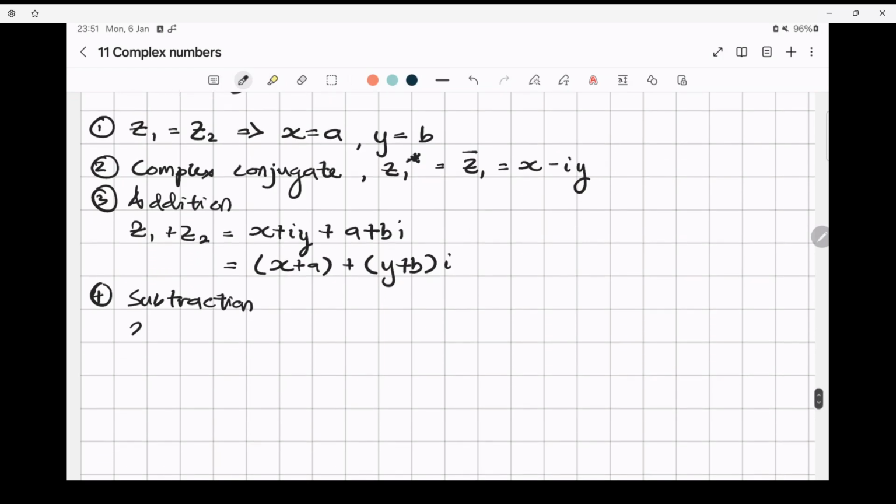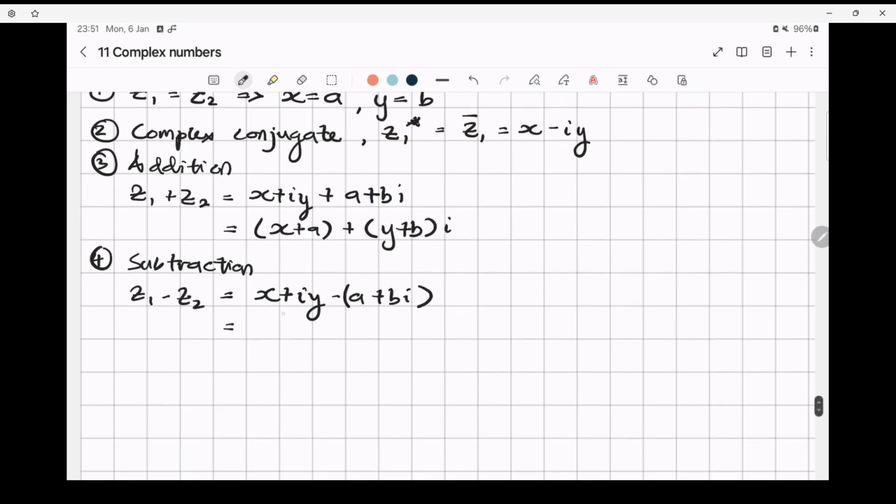So you have z1 minus z2. So you have x plus iy minus (a plus bi). Because the minus sign should cover the whole complex number, I put a bracket. So by right you should get x minus a plus (y minus b)i. So you add or subtract element wise.